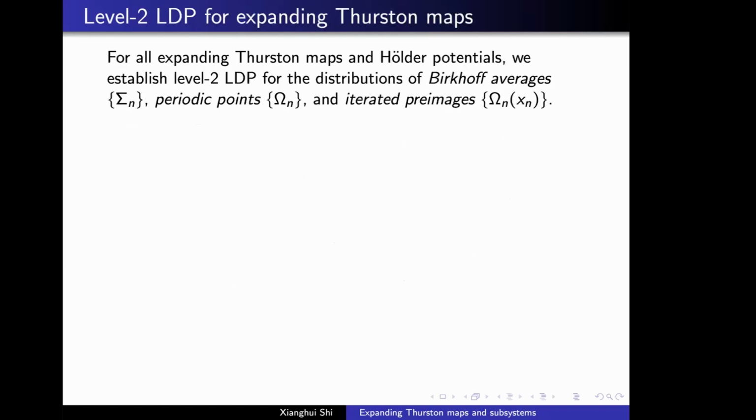Now here are our main results for all expanding Thurston maps with Hölder potential. Here the Hölder continuity of the potential is with respect to the visual metric.